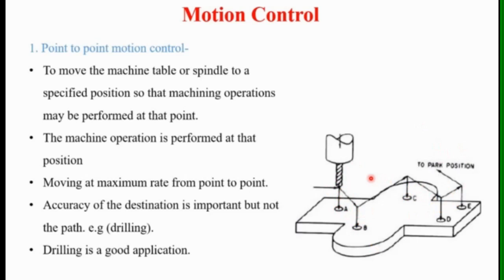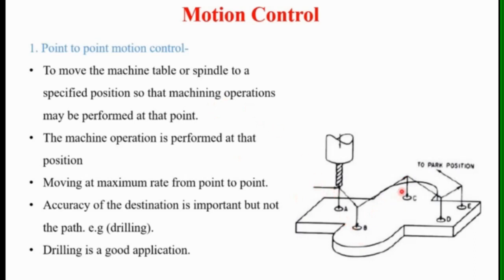That is, to move the machine table or spindle to a specified position so that machining operations may be performed at that point, at points A, B, C, D. So we have to move the spindle or table to these positions, therefore it is called point to point.